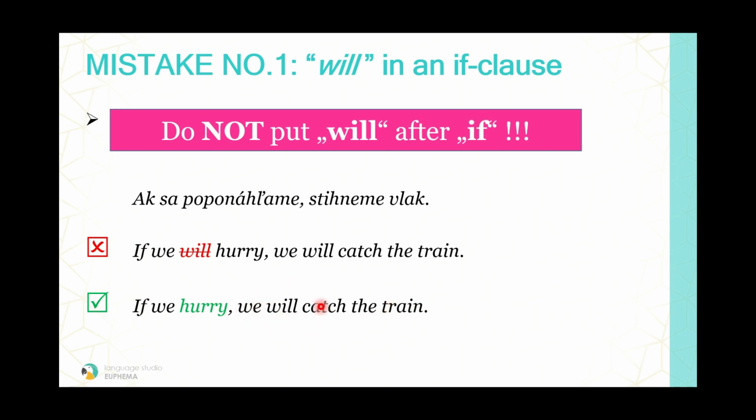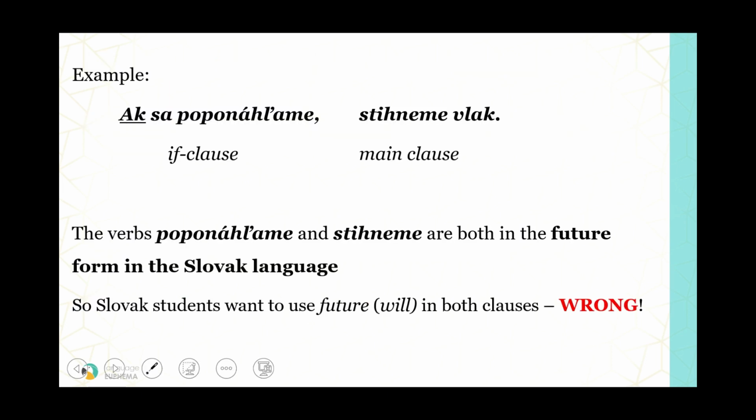Now, I would like to say something about why the Slovak learners of English make this mistake. It is because, as you can see here in this example, ak sa poponáhľame, stihneme vlak, the verbs poponáhľame and stihneme are both expressed in the future form in the Slovak language.